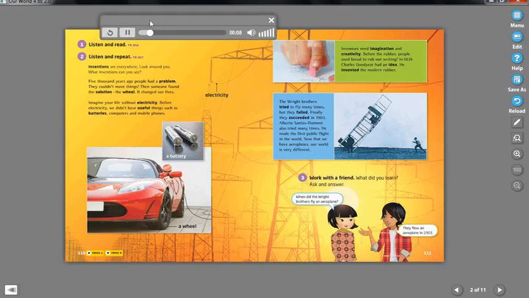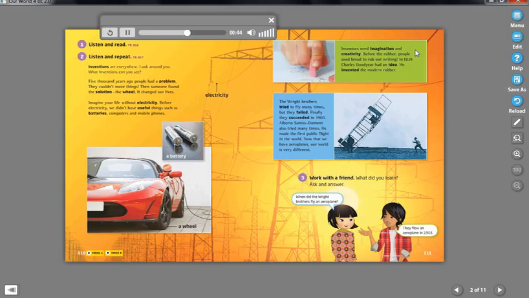Inventions are everywhere. Look around you. What inventions can you see? 5,000 years ago, people had a problem. They couldn't move things. Then someone found the solution. The wheel. It changed our lives. Imagine your life without electricity. Before electricity, we didn't have useful things such as batteries, computers and mobile phones. Inventors need imagination and creativity.